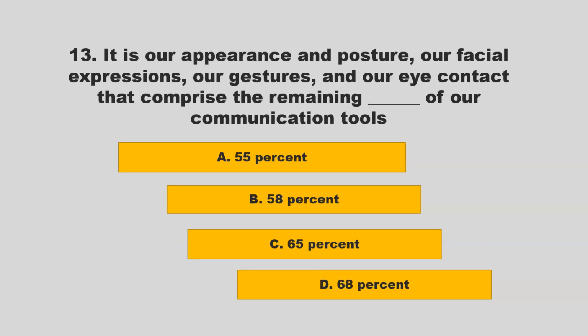It is our appearance and posture, our facial expressions, our gestures, and our eye contact that comprise the remaining blank of our communication tools. 55%, 58%, 65%, 68%. If you chose A, 55%, you are correct.